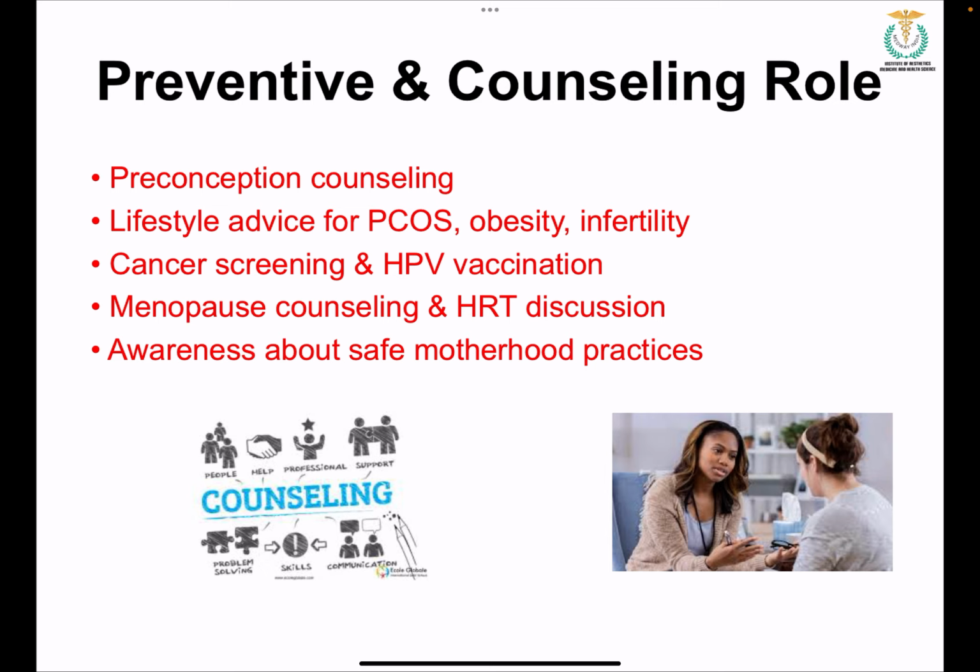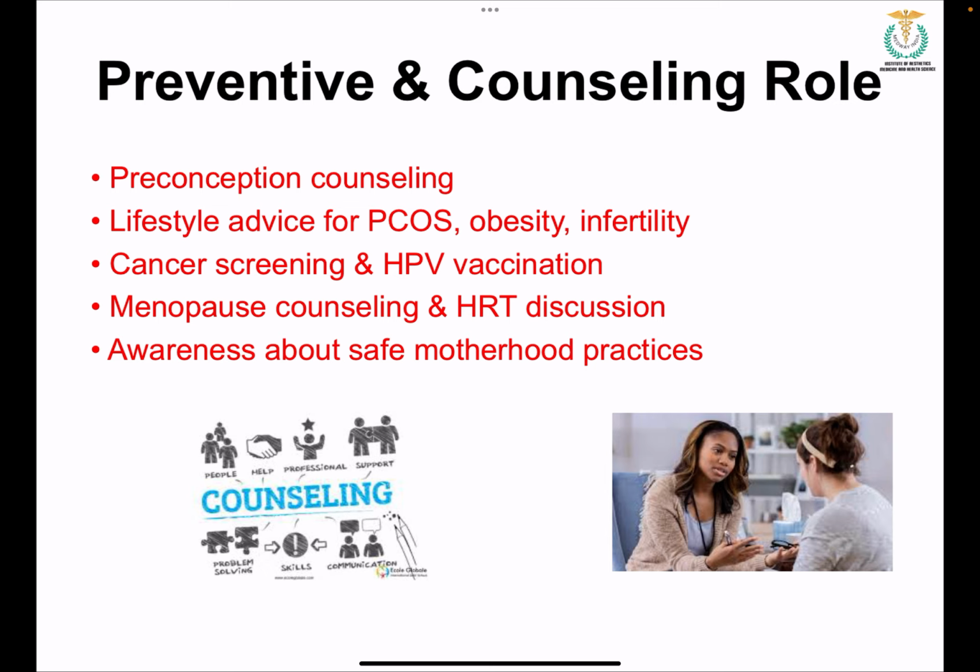As an OBGYN you should know that good counseling can reduce many complications more than any medicine. There will be cases where the patient needs good counseling rather than medication. You should be aware of these important things while talking with the patient or dealing with the patient's clinical history or medication history.